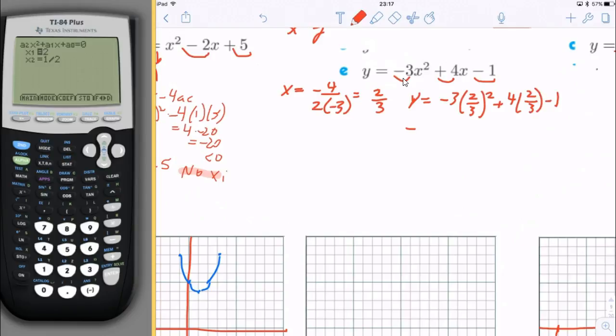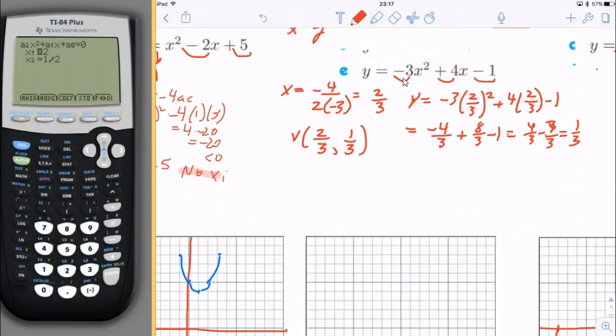And so that's going to be -4/3 plus 8/3 minus 1, which is going to be equal to 4/3 minus 3/3, which is equal to 1/3. So our vertex is going to have coordinates 2/3, 1/3.